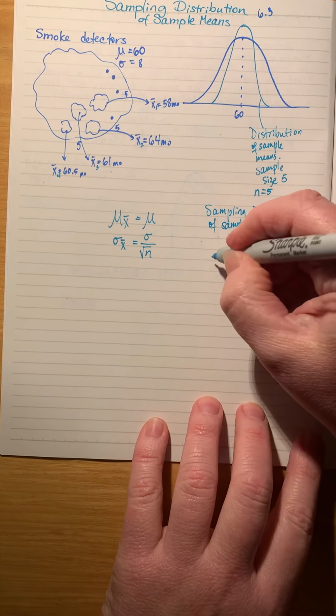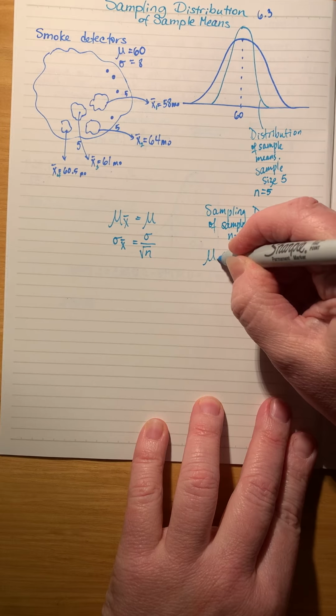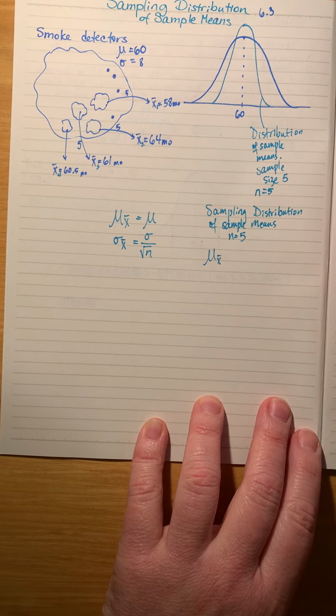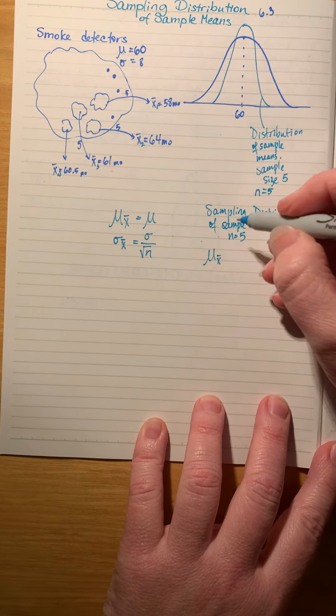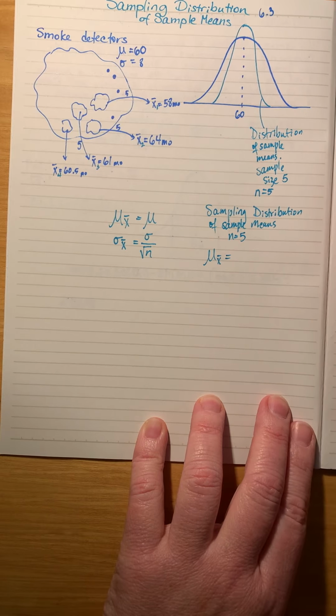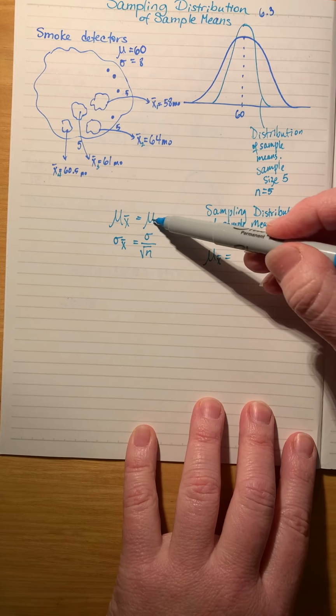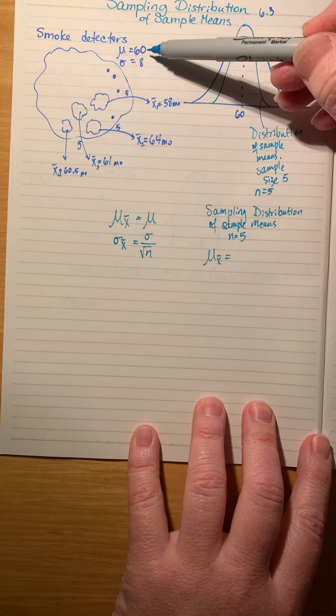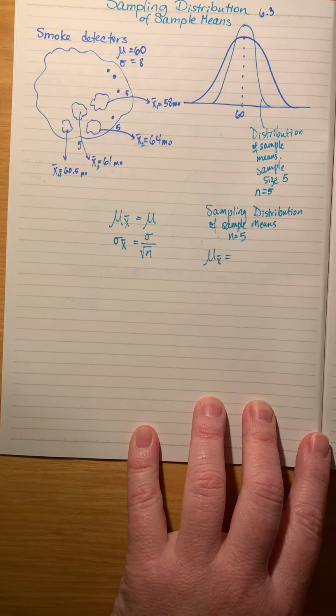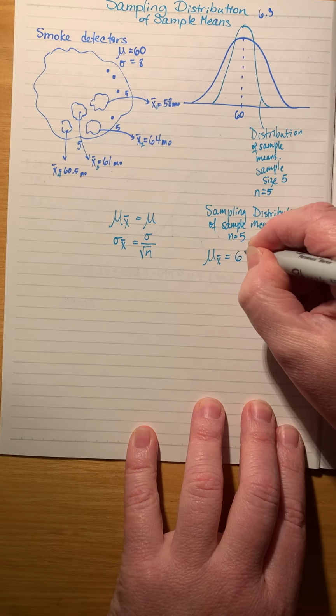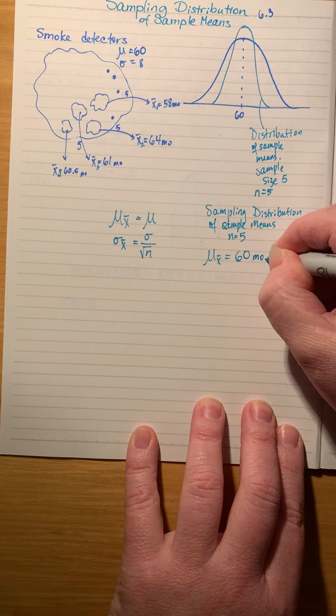Well, we know that the mean of those sample means, of all of those samples of size 5, is going to be the same as the population mean. In our case, it was 60 months. So it's still going to be 60 months.